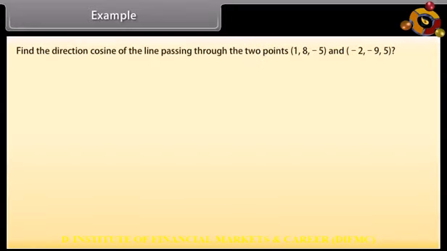Example. Find the direction cosines of the line passing through the 2 points (1, 8, minus 5) and (minus 2, minus 9, 5). Solution.